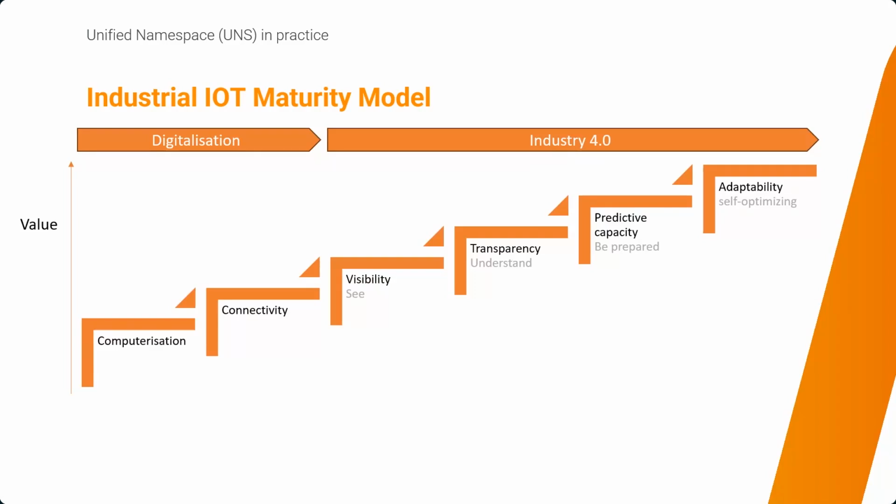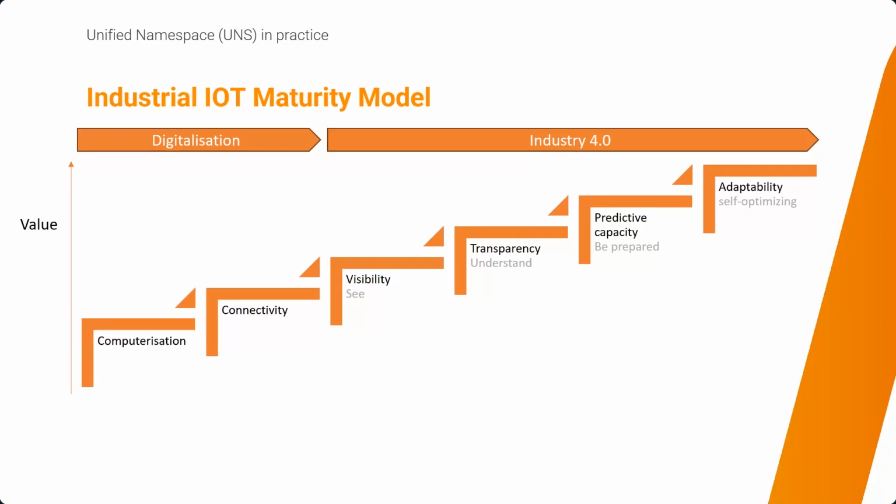And based on that, we can take action. And whenever you have gone through all those steps, you can go to adaptability, where you can have a self-optimizing system. The system is able to gather data and it's able to make choices based on the data and bring those choices back to the equipment itself. So these are the steps.